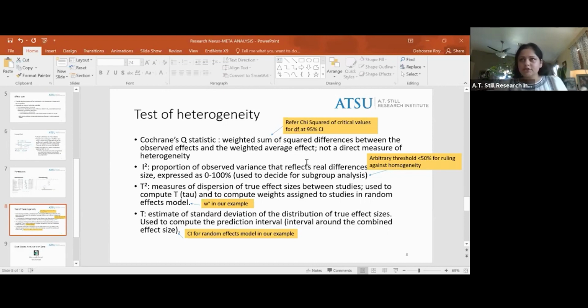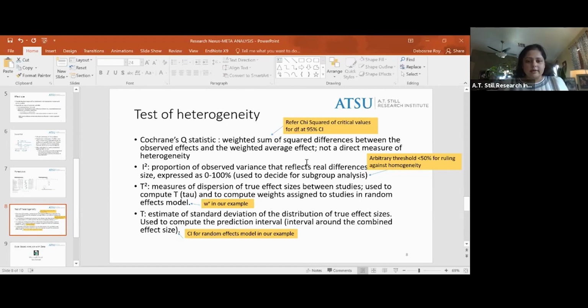So approaching the 50% mark gives you an idea that your sample or the data might be heterogeneous, so you need to select a random effects model rather than a fixed effects model.